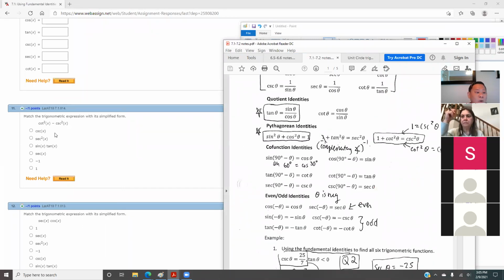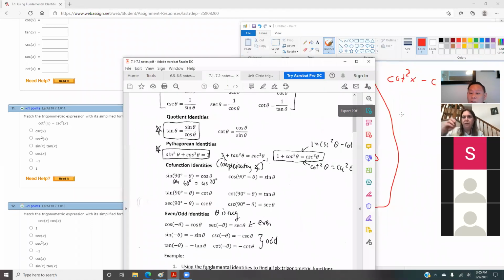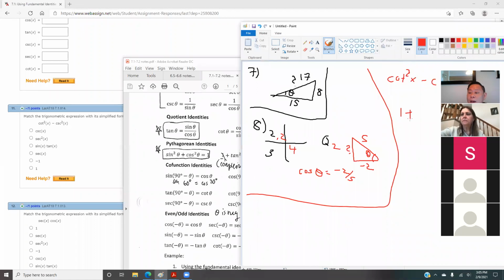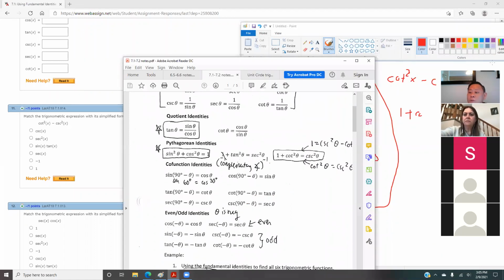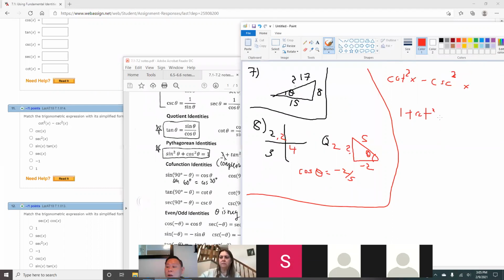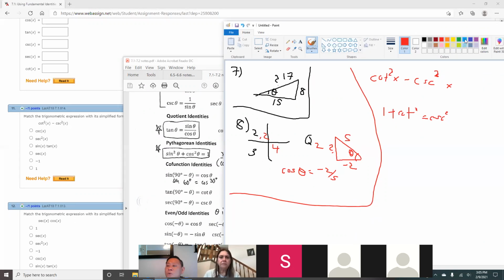There are three of them. Which one uses cotangent and cosecant? The third one, but you have to move things around. In your Pythagorean identity, you get 1 plus cotangent square equals cosecant square.